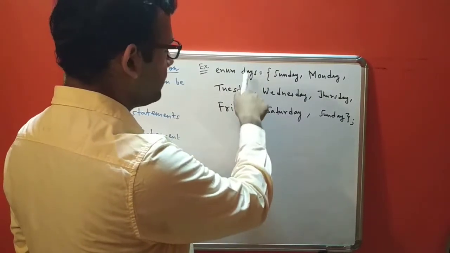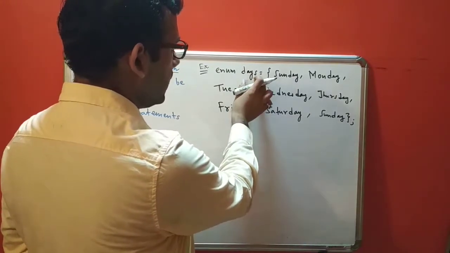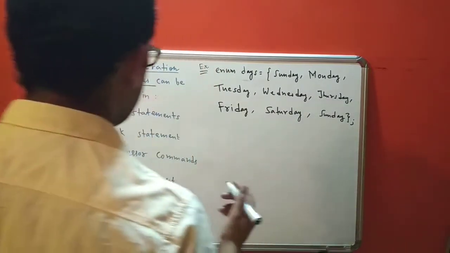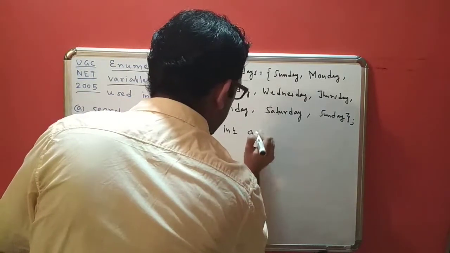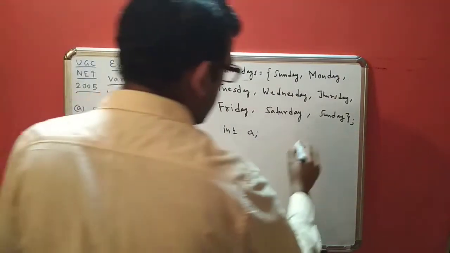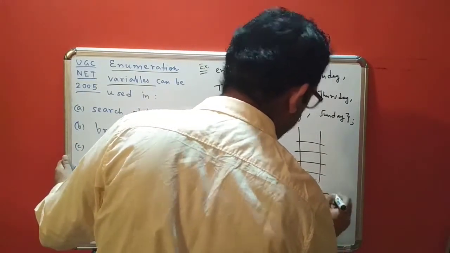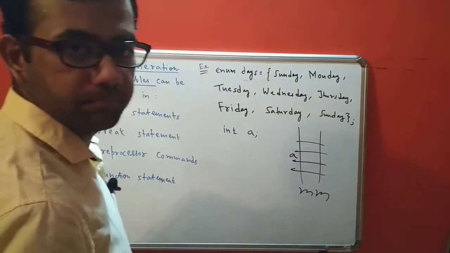And this days variable, mind you, is not a variable as such. What do I mean by this is, when I say int a, what happens? Somewhere in my main memory, somewhere in my RAM, a location is named as a, right?